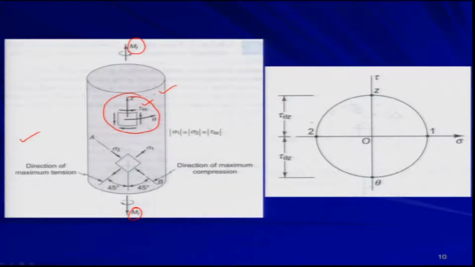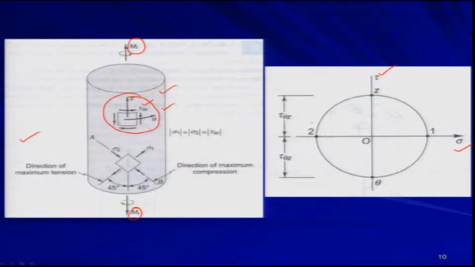Now let us represent this state of stress with the help of the Mohr circle, whatever we have learned, in sigma and tau space. Tau theta z has a positive sense, that means its magnitude is positive as per the sign convention we considered earlier.